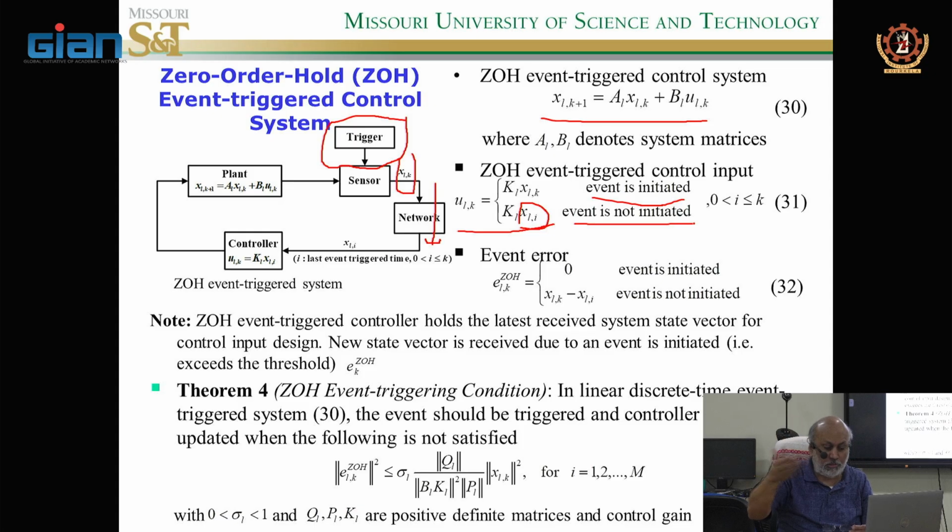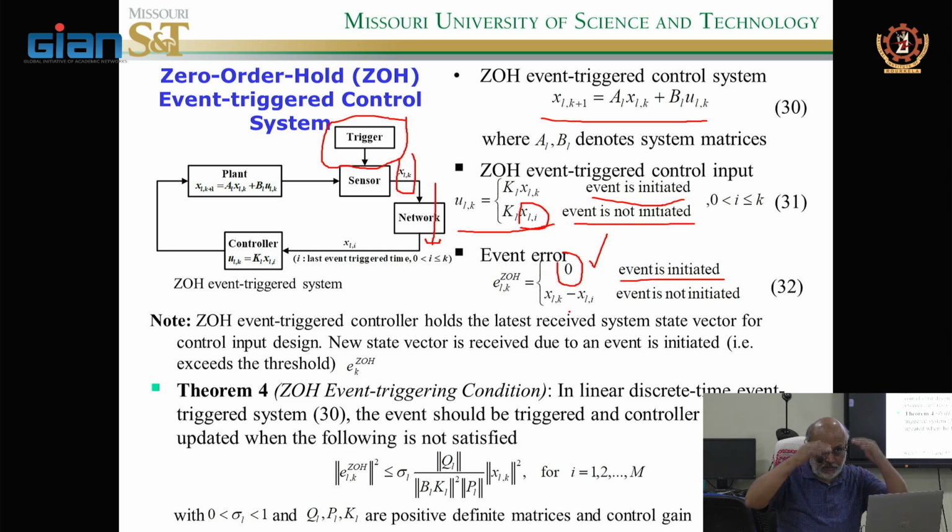Remember, the controller actually sends that. So you define the event error to be equal to 0 when the event is initiated. When the switch closes, this value is being transmitted, so x(t_k) minus x(t_k) will become 0.